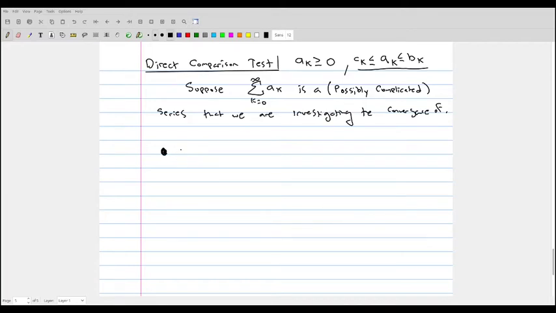It says that if the sum from k equals 0 to infinity of the bk's converges, then the sum of our unknown series ak also converges.